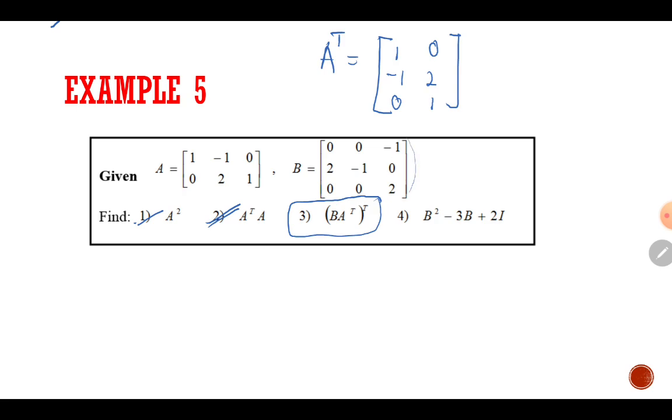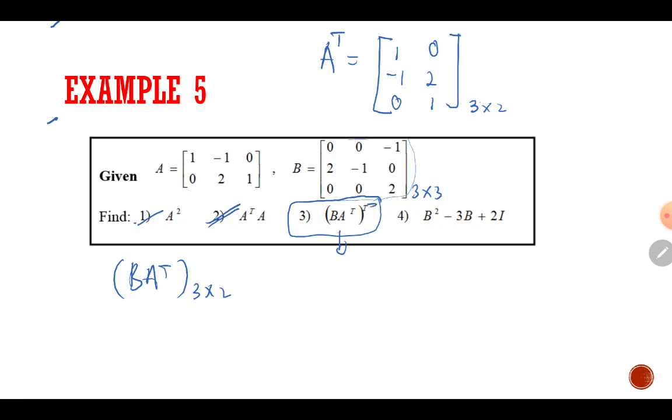Matrix B ni darab dengan A transpose, where 3 times 3 darab dengan 3 times 2 matrix. B sepatutnya boleh darab lah. 3 times 3 matrix darab dengan A transpose is 3 times 2 matrix. So, jawapan you B darab dengan A transpose sepatutnya you dapat 3 times 2 matrix.